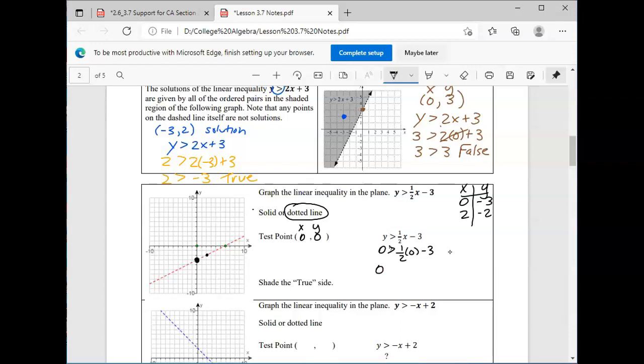Half of 0 is 0, and then we've got -3. Is 0 greater than -3? Yes, that is true, and 0, 0 is right here. So that must mean the points above the line are the ones that work. If I had gotten false there, what would I need to do? Don't color in the top because that's where 0, 0 is. I would color in the bottom. Okay.